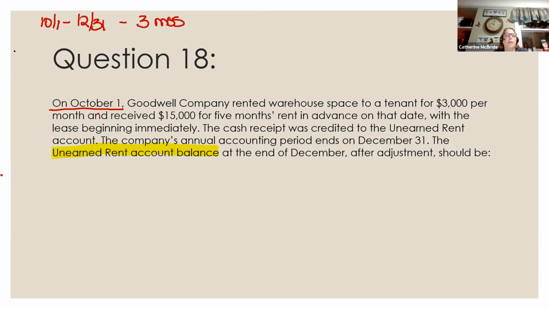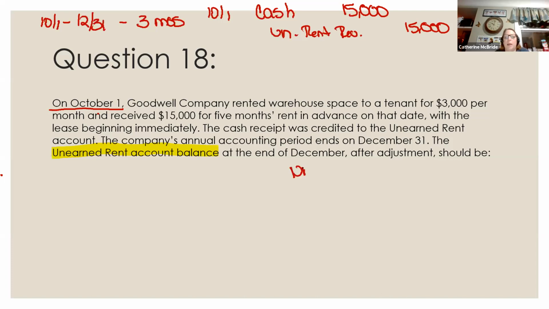So on 10/1, we received cash of $15,000 and recorded unearned rent revenue of $15,000. So on 10/1, in my unearned rent revenue account, we have $15,000.